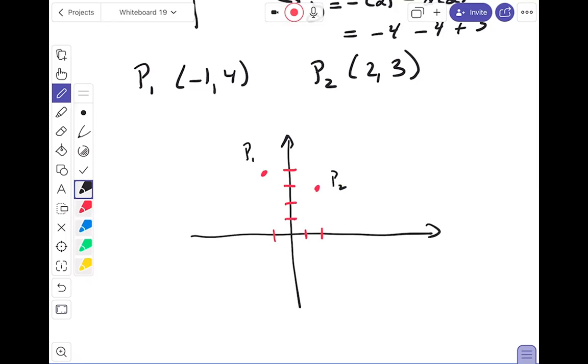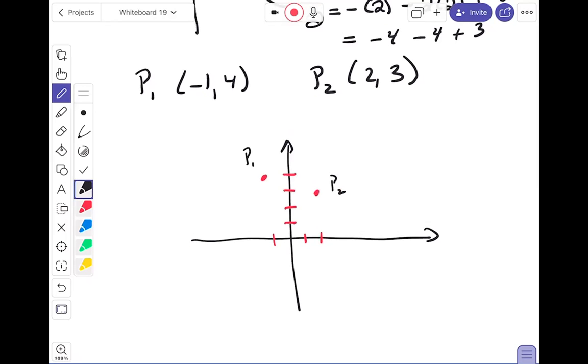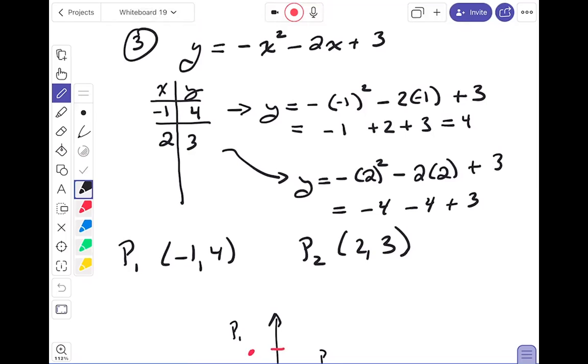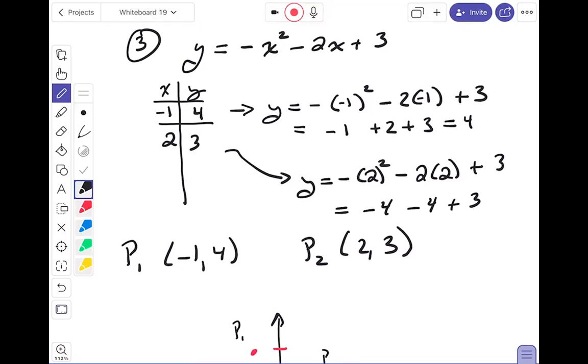All right, so I graphed those 2 points. Now, what do they want me to come up with here? They want me to get the distance. First of all, I want to make sure I copied this correctly because I'm looking at my key and I'm kind of concerned about that now. Minus x squared minus 2x plus 3. And they got minus 1 and 2. Let me see if I've done that right.